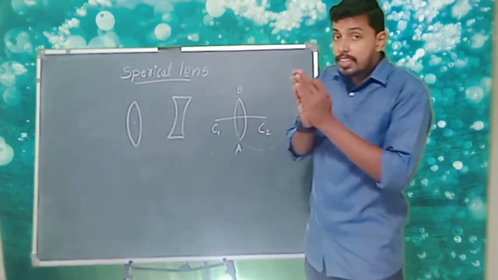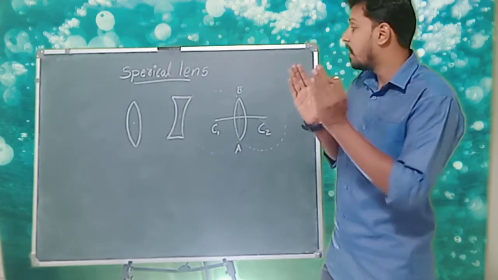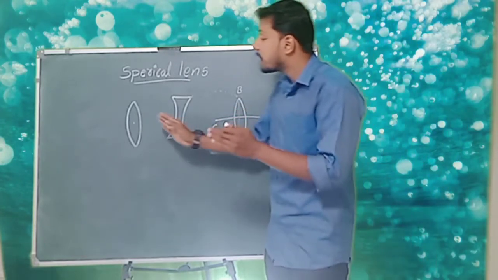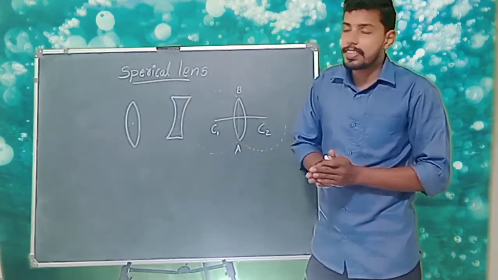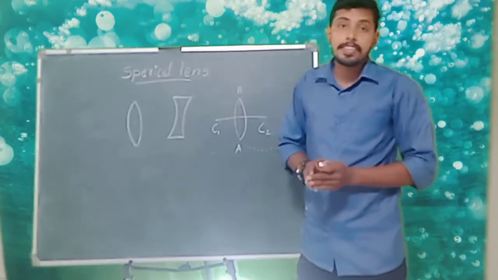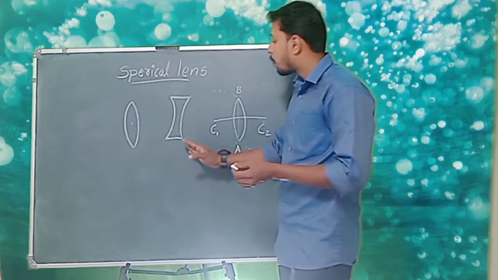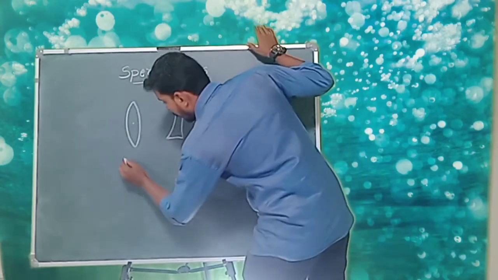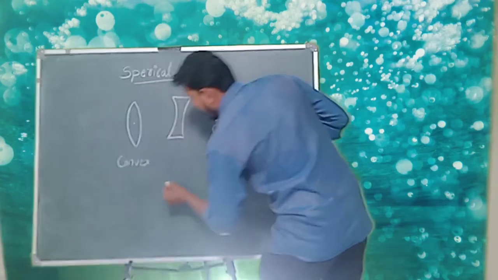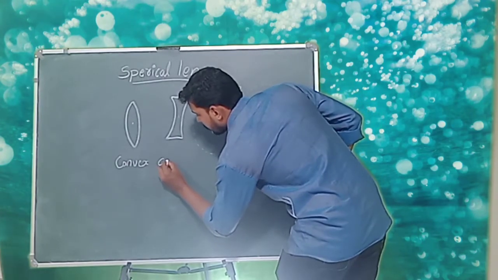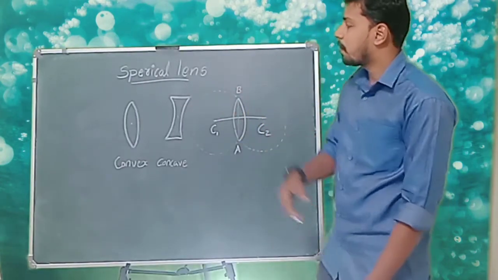The edges are thinner and the middle portion is thicker, then we can call it as convex lens, and edges are thicker and the center is thin, then we can call it as concave lens. Convex, concave, convex and concave.